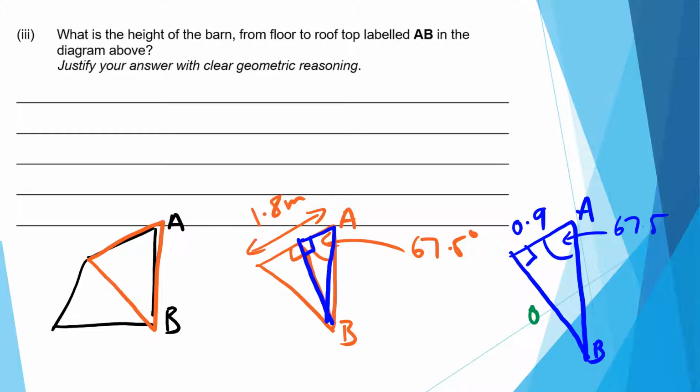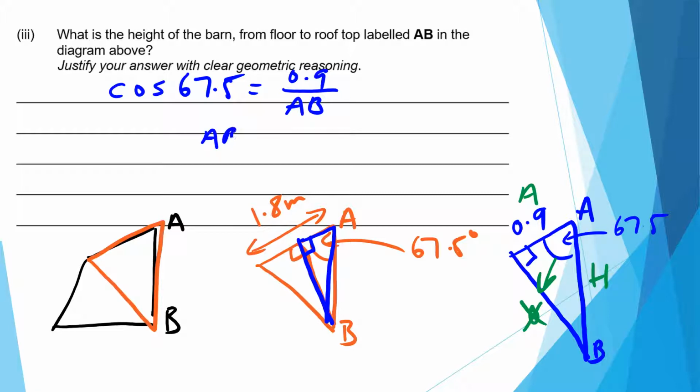Now we're all set up to use some trigonometry. This is our opposite side, this is our adjacent side, opposite of course to this angle of 67.5 degrees. The hypotenuse is AB. Now we're going to use A and H, so to speak, so we're going to use cosine. Cosine of 67.5 equals the 0.9 over the length AB.